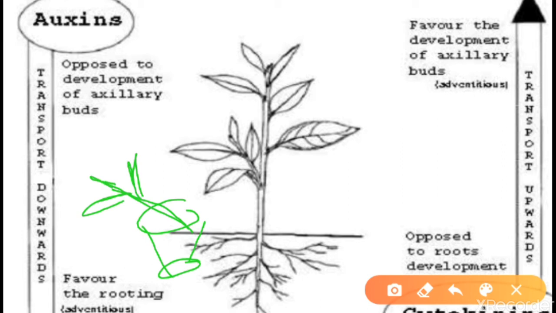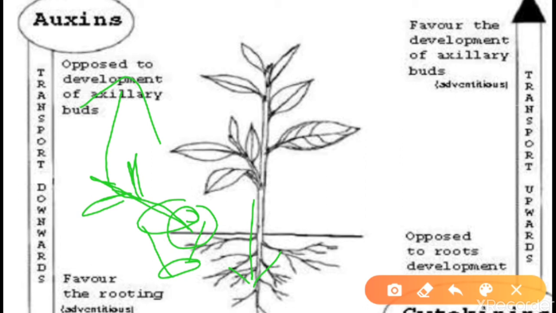After some days you will notice that the shoot part started moving this way, and the roots will start moving this way, so the plant responds to the light and the gravity for its movement. Just like this, they show movement in the direction of the light and the gravity. This is due to the hormone auxin.